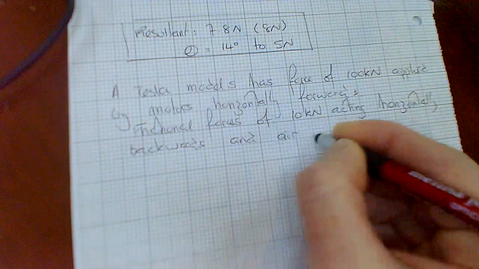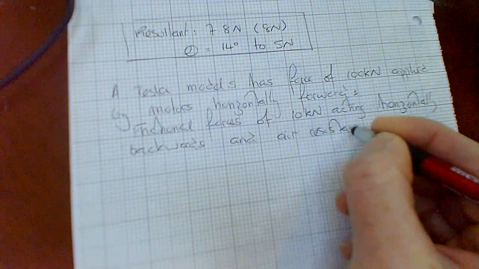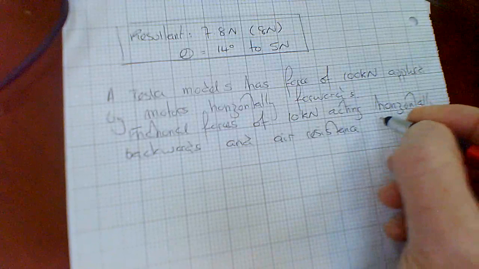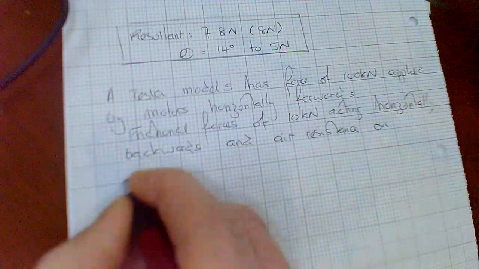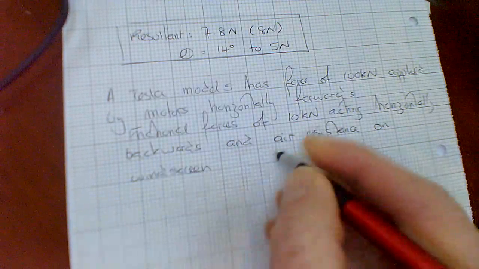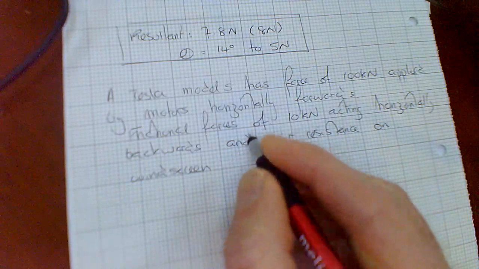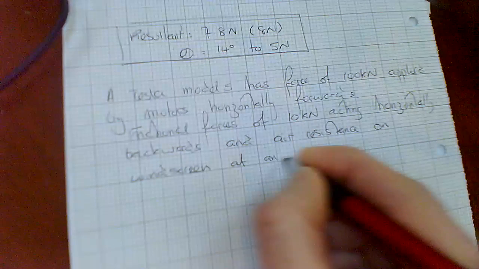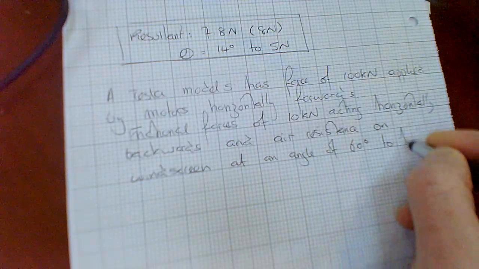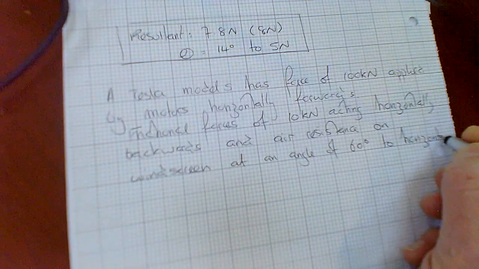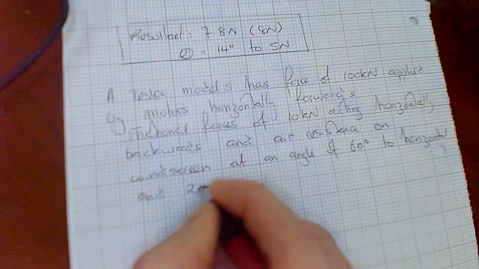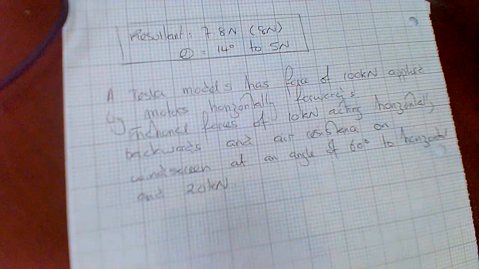And air resistance, and I'm only going to consider the air resistance acting on the windscreen at this point. Just to make things simple, give us a nice easy angle to work with, 60 degrees to the horizontal, and 20 kilonewtons.